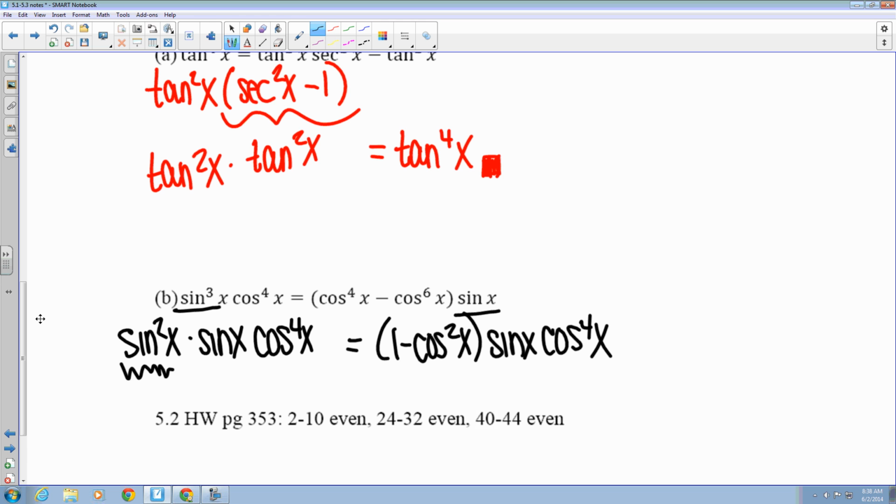And then it looks like I just need to distribute that cosine to the fourth, and I'll be there. There we go.